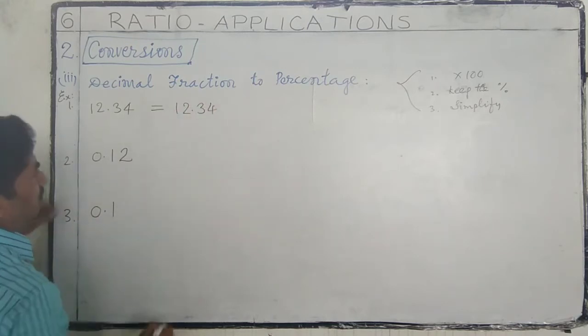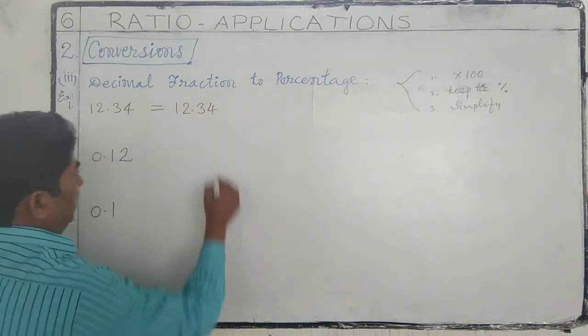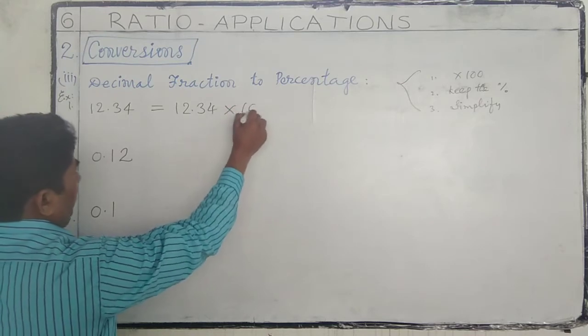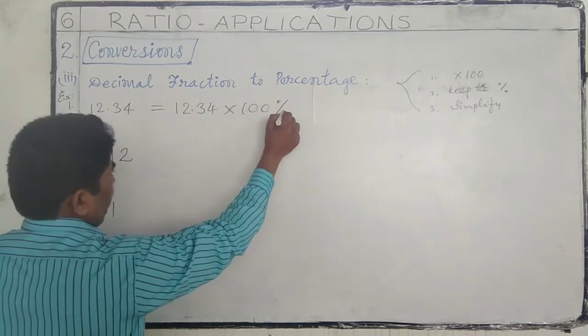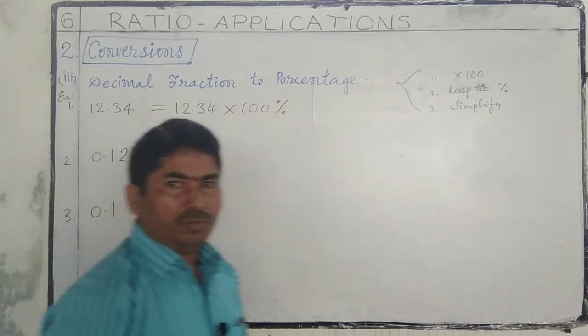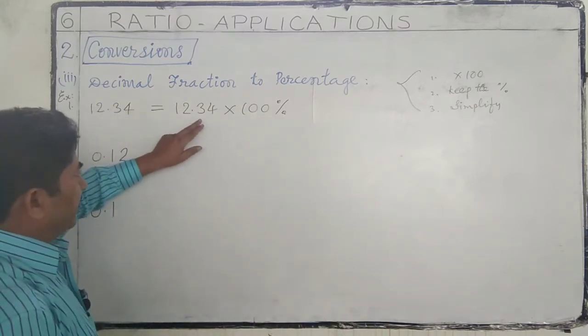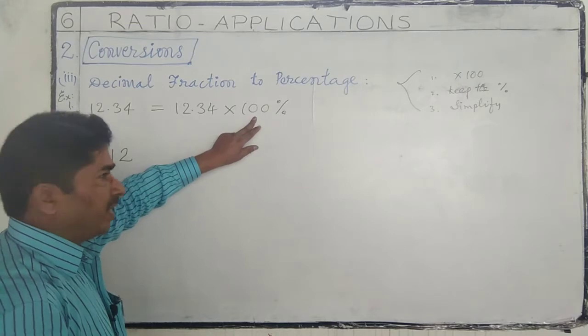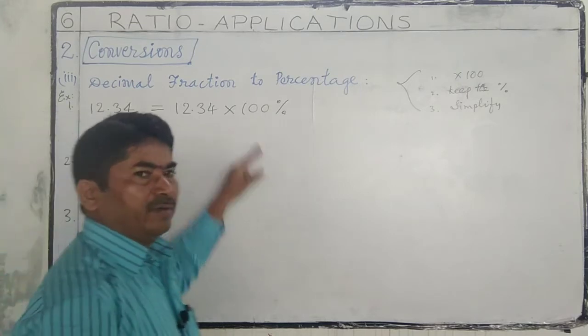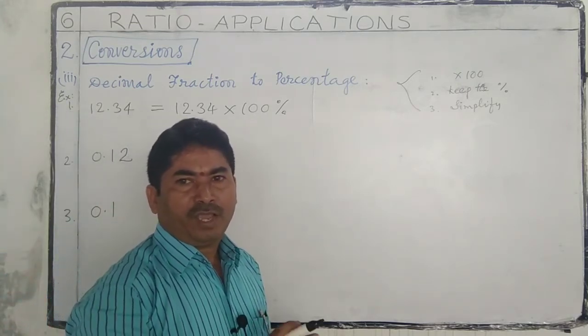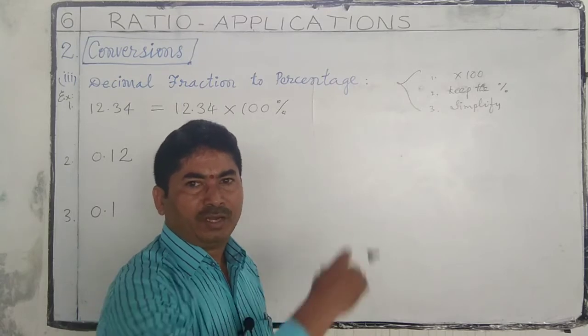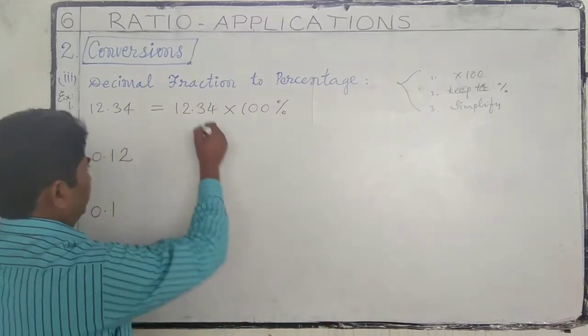12.34. First multiply with 100 and keep the percentage sign. Now we have to simplify. While multiplying a decimal by 100, we have to shift the decimal to the right by 2 places.